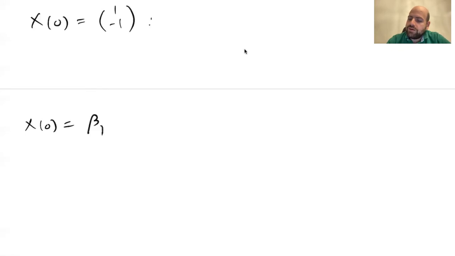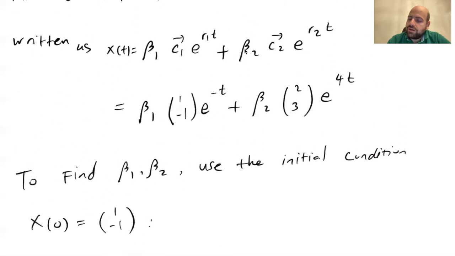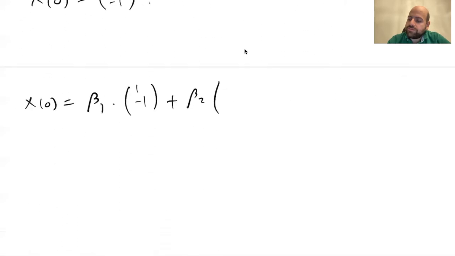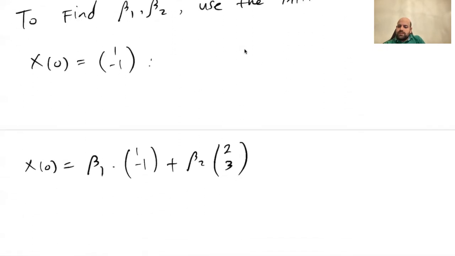What do I get? x of 0 equals beta 1 times (1, -1) plus beta 2 times (2, 3). And if this is equal to (1, -1), then we can find beta 1 and beta 2.